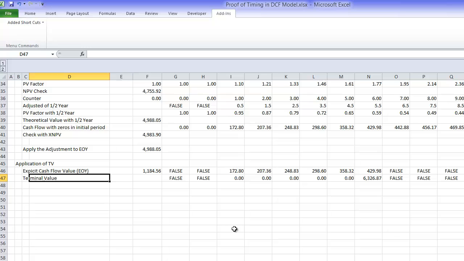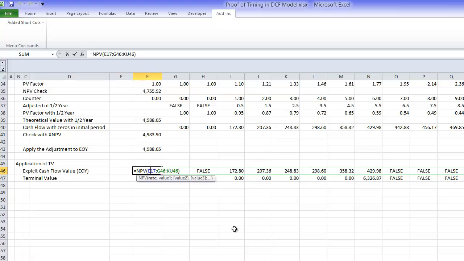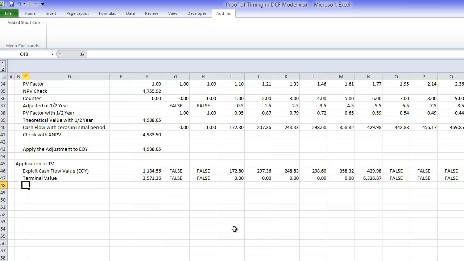And then we can put an F4 in here, shift down, Control D, and then we get our enterprise value with the end of the year assumption, which is just the alternate equal of these two, which is the same as the end of the year assumption up here.